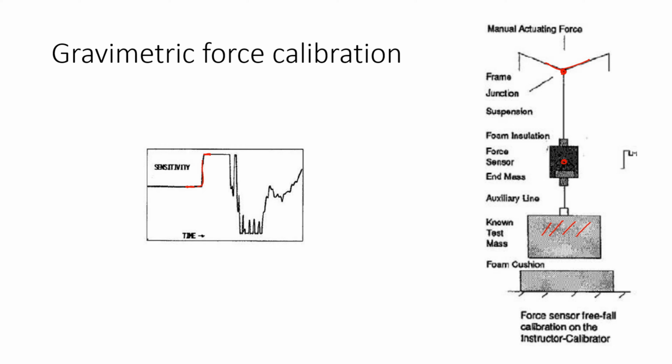So given the fact that we know what the mass down here is, this is a known mass, and given the fact that we know our pull is 1g going in the downwards direction, then we can calculate the sensitivity values for this load cell, which should have units of millivolts divided by Newton. So we could get a sensitivity value.